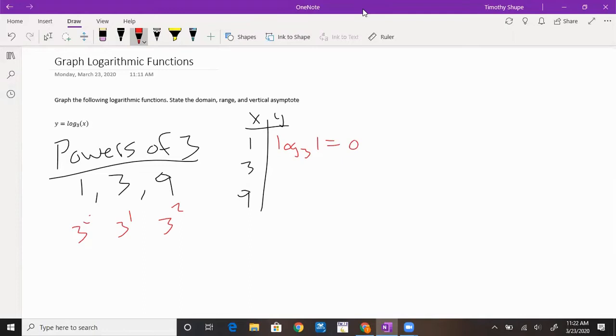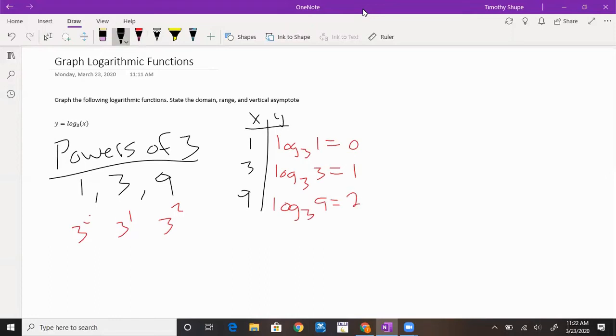The second one here was the log base 3 of 3. And if I ask myself 3 raised to what power equals 3, well, that power is 1. And finally here, the log base 3 of 9. We ask ourselves 3 raised to what power is equal to 9? Well, that is going to end up being 2.